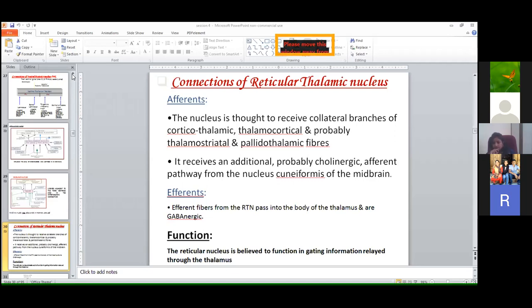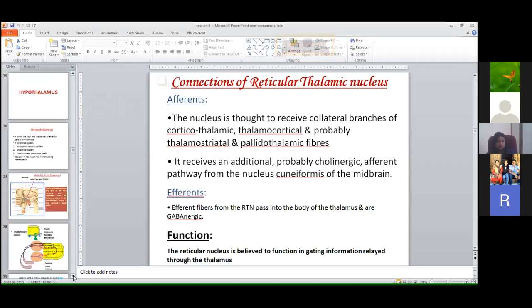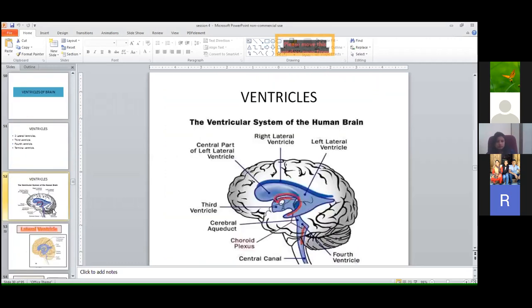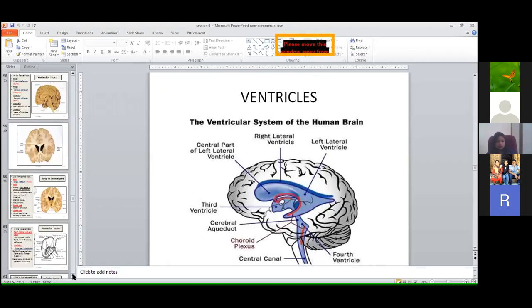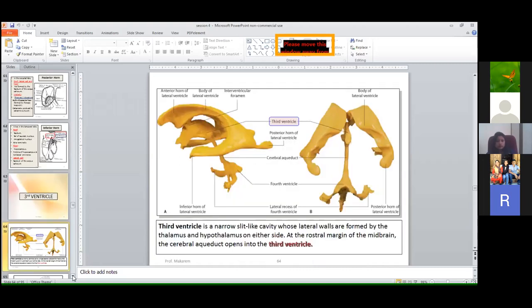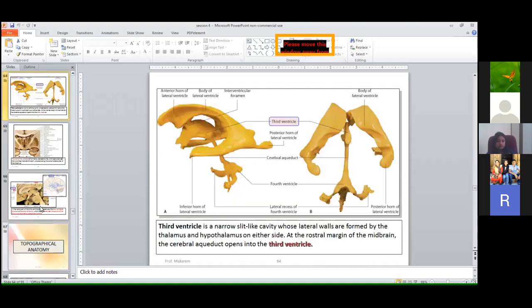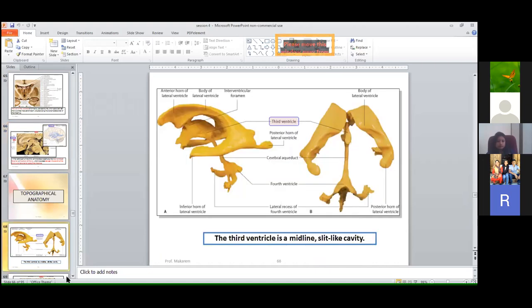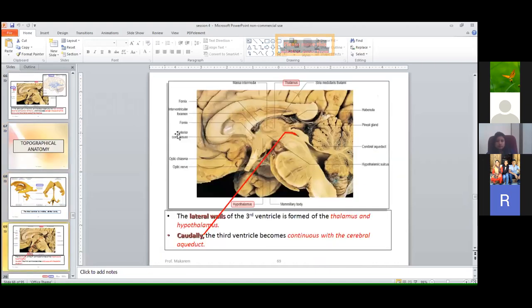Ma'am, another doubt. Can you explain the relation of the third ventricle with the thalamus?